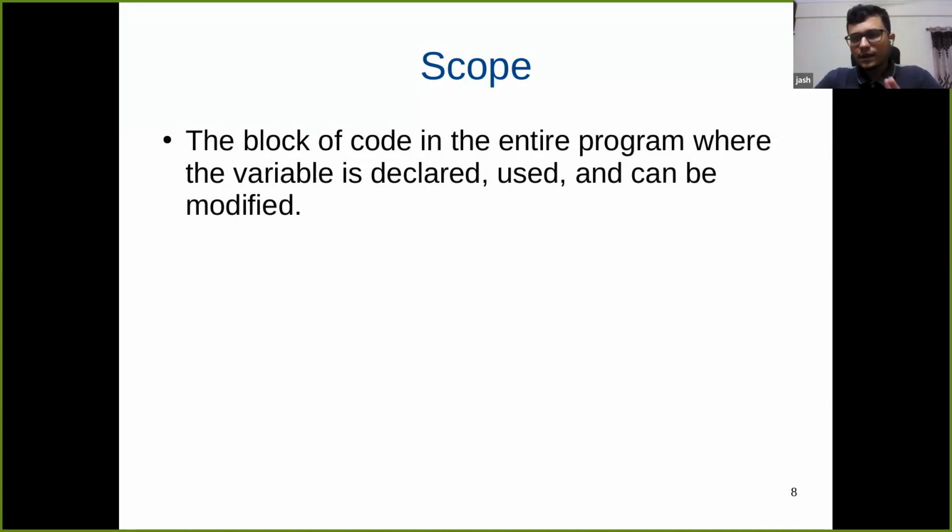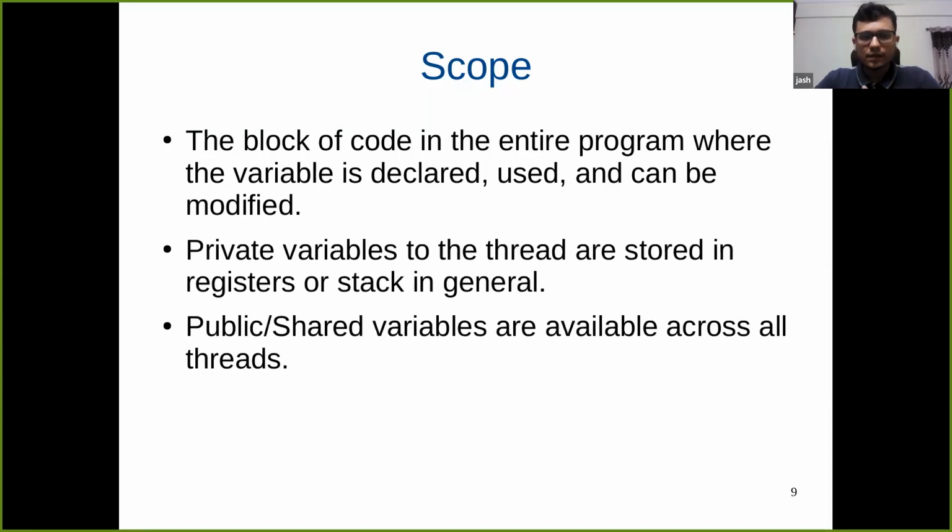There are basically two types of variables when we talk about scoping in parallel programming. These are the two main types: one is the private variable and another is the shared or public variable. So let us go back to our board and see what exactly these are. Let us try to understand this in detail.